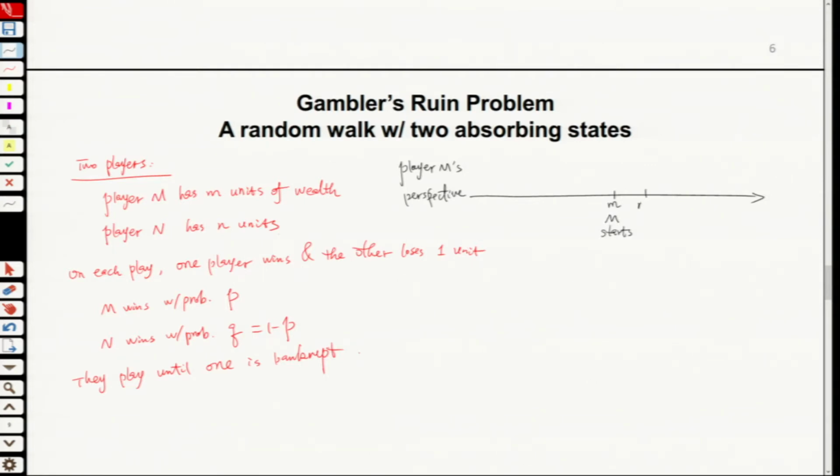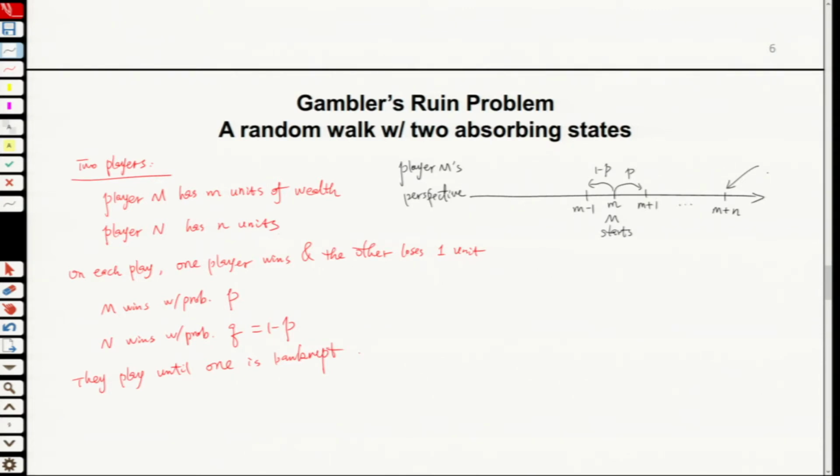And he has probability to gain money, that is P. He has probability to lose money, 1 minus P. And then he can go to M plus N. So what happened here? If M got M plus N, yeah, the game is over, right?